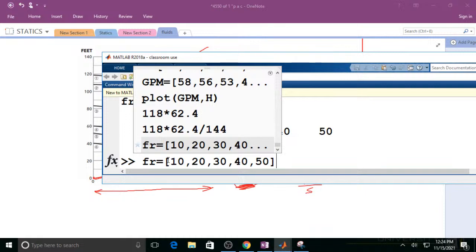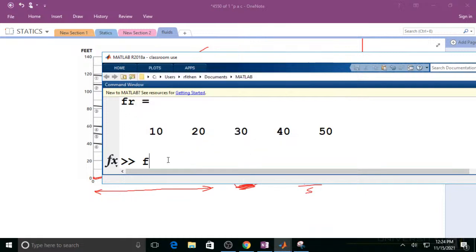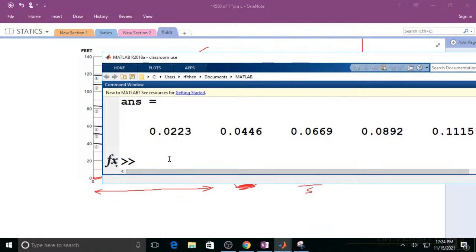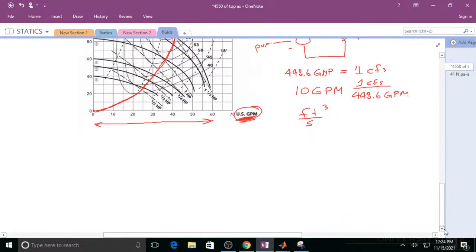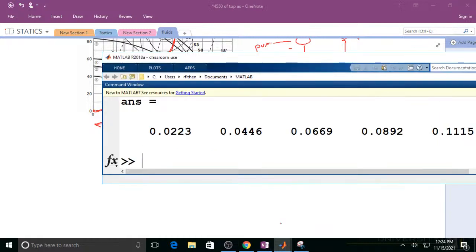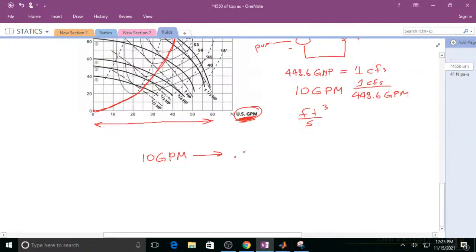So I'll do FR divided by 448.6, and that is the cubic feet per second. It's fairly small, but let's do the one for 10. So 10 gallons per minute will give me 0.0223 cubic feet per second.